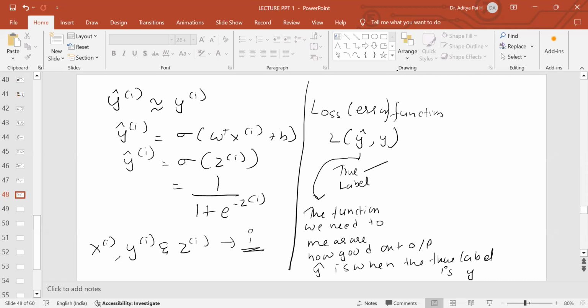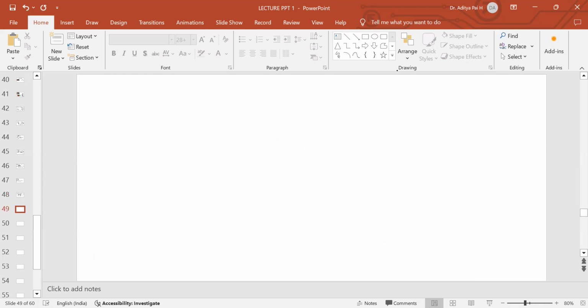So the formula for L of y hat comma y is 1 by 2 of (y hat minus y) whole square. That is the mean of the difference between y hat and y.